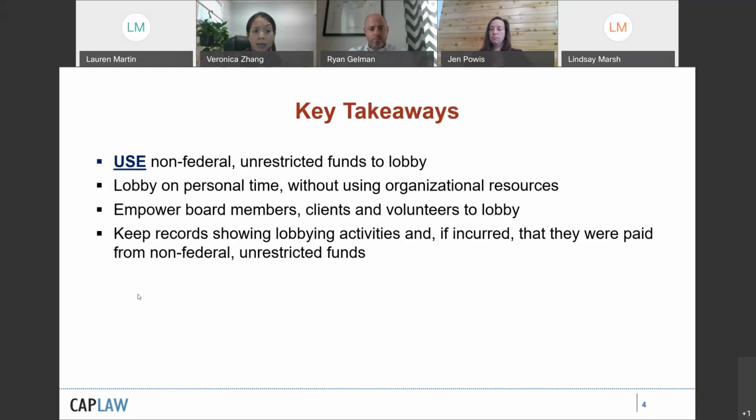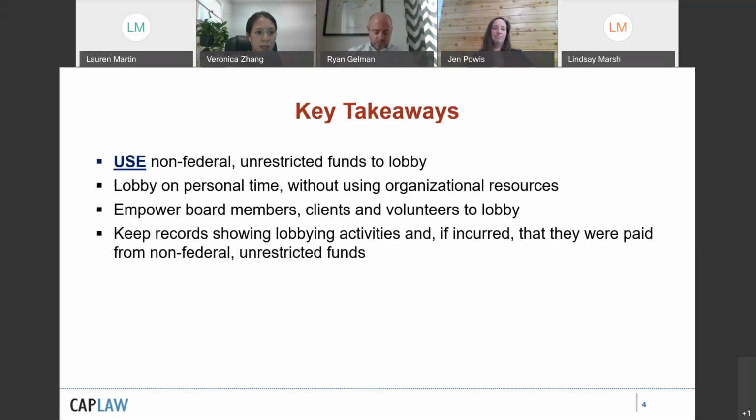The second is that even if you don't, say your organization does not have any non-federal or unrestricted funds, individual community action agency employees can also lobby on personal time, so long as you're not using the organization's name, the organization's resources, your title at the organization, that would suggest that you're lobbying on behalf of the organization.